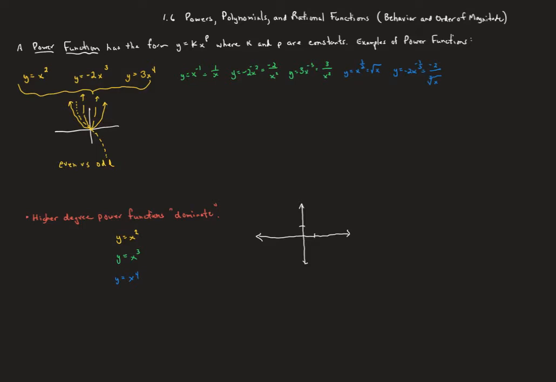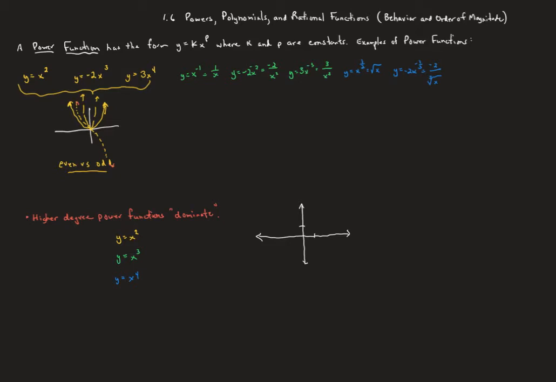But the even versus odd issue, we can see that anything that has an even power is going to come and go in the same direction, and odd functions will come and go in different, opposite directions. Okay?